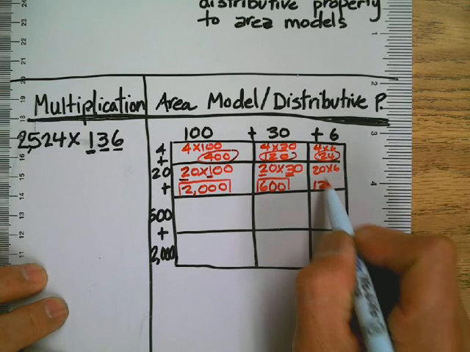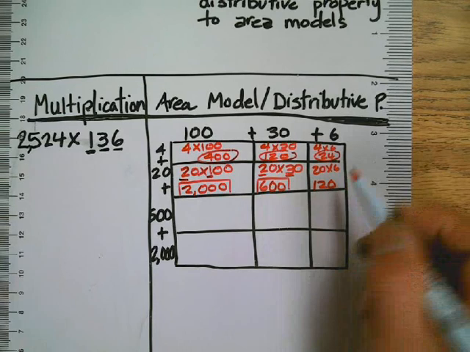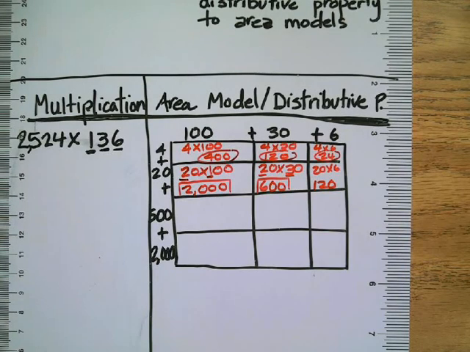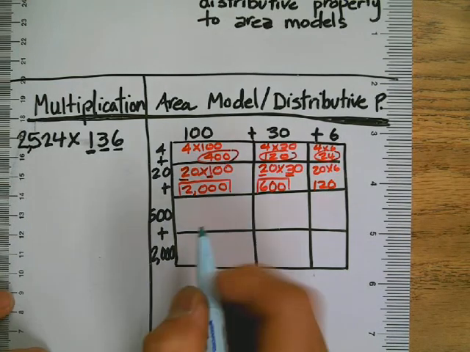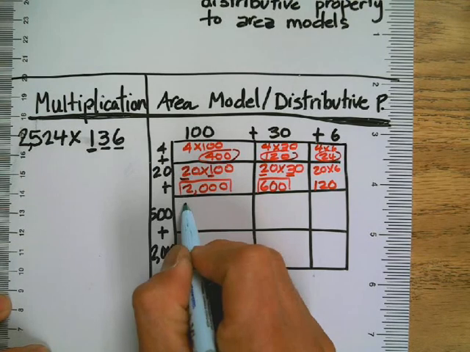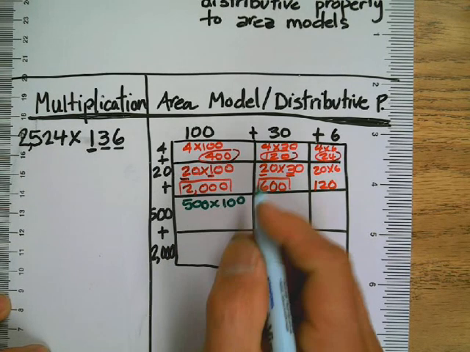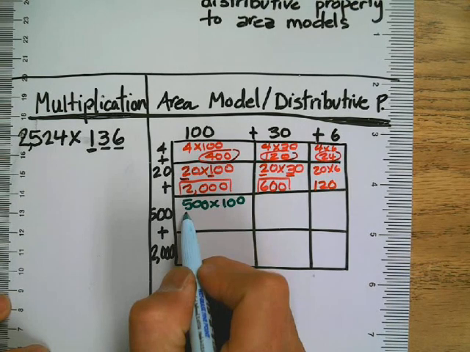Good. Keep watching. Now, we're going to create a multiplication with 500 times 100. Once again, we use the distributive property, which will be 5 times 1 equals 5. And 10 times 10 is 100, and 10 times 10 is 100.